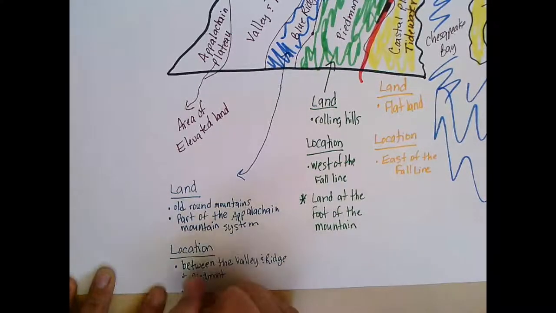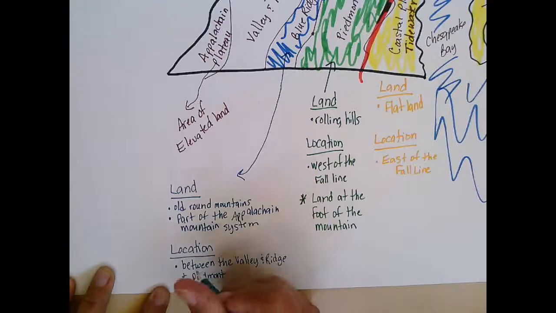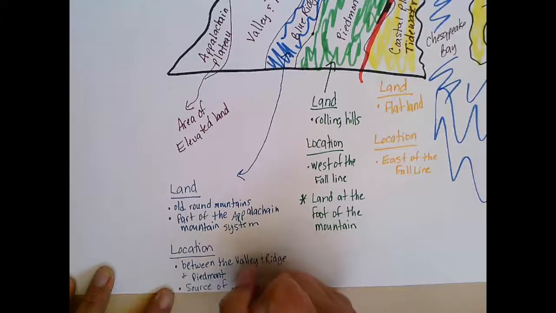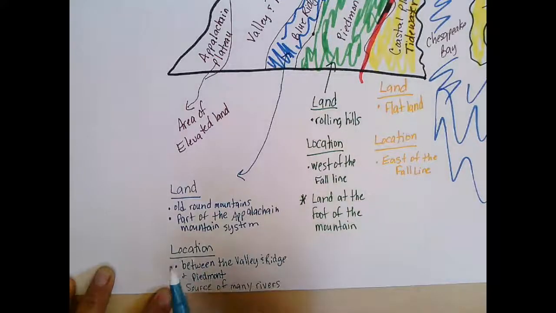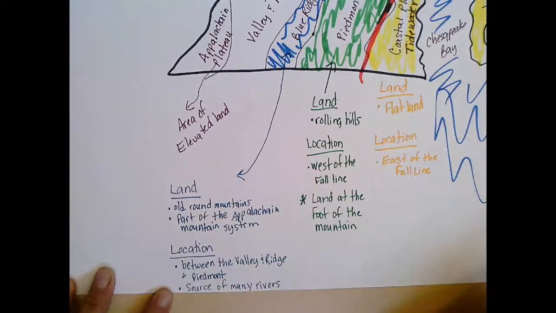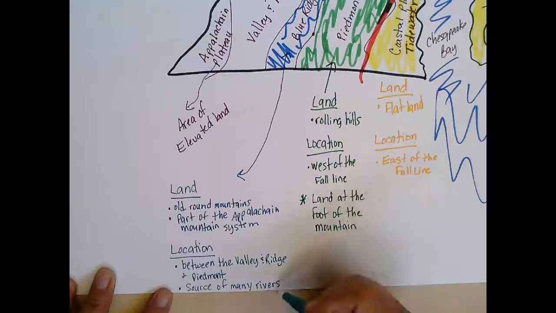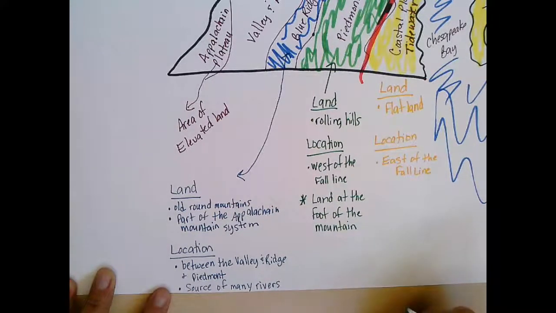And one other thing you have to know is it is a source of many rivers. Remember, those rivers are flowing downhill, so it is a source of many rivers.